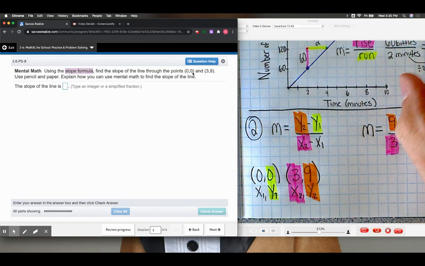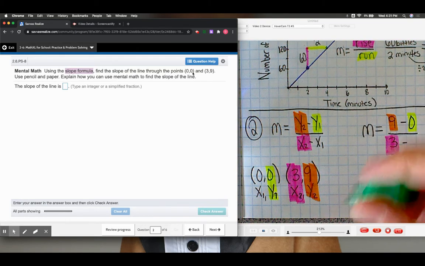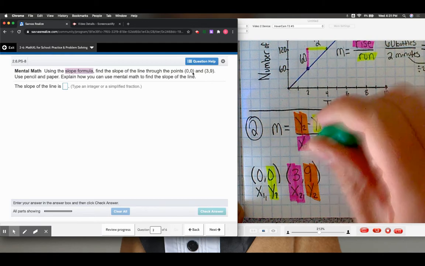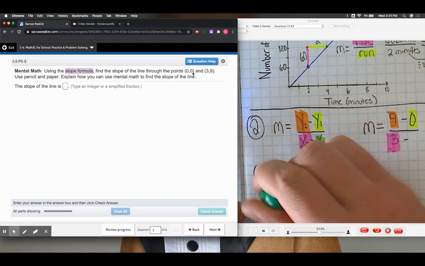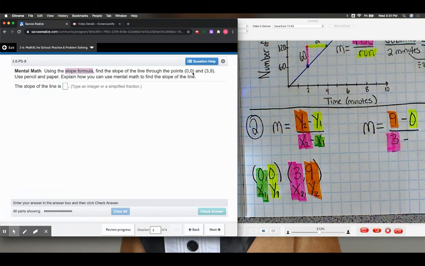Minus the last number, x1, which is also 0. Keep in mind as you're doing these, you've got to keep them in the right order. That way you don't make any mistakes.